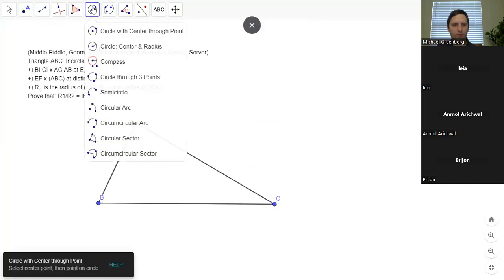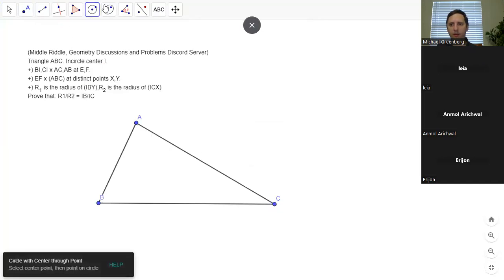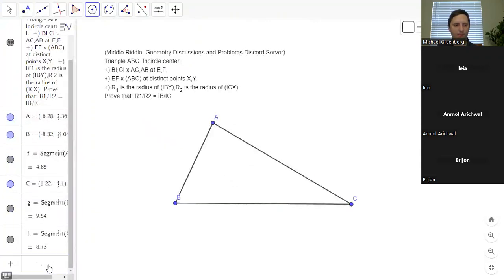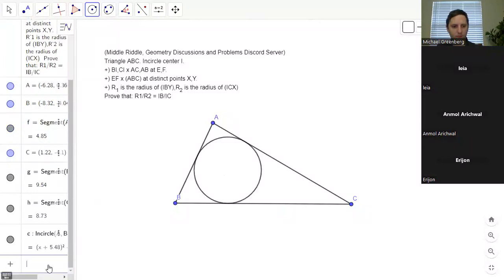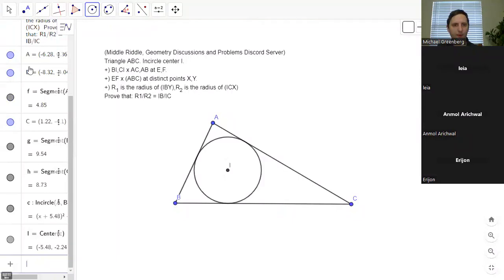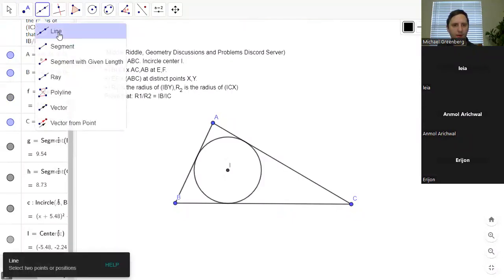So the incircle has center I. BI and CI are the angle bisectors.